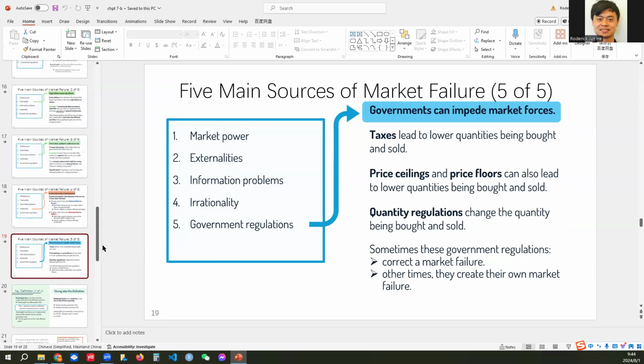So the last one is government. The command and order of the government may impede market forces. For instance, tax may lead to lower quantities being bought and sold. Price ceiling and price floor can also lead to lower quantity being bought and sold.